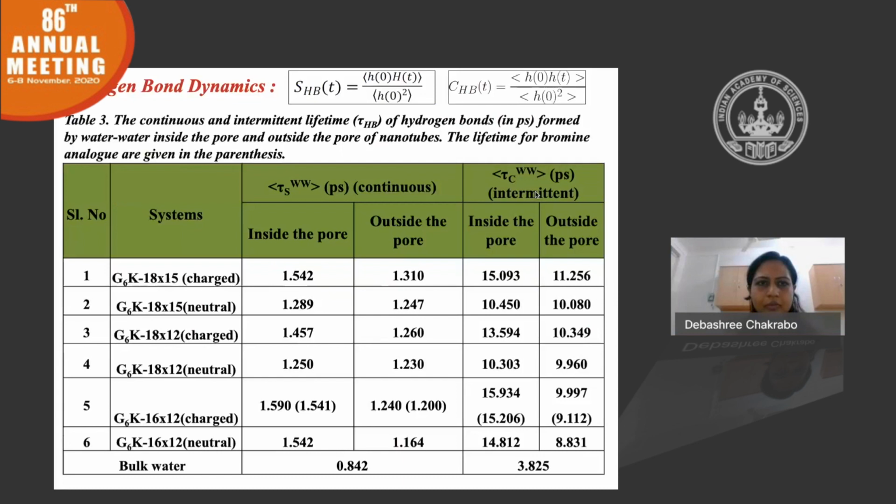And outside the pore, the hydrogen bond lifetime of the 18 into 15 system is more, because that's a more heterogeneous system. And also for the charged system, the hydrogen bond lifetime is more compared to the neutral analog.